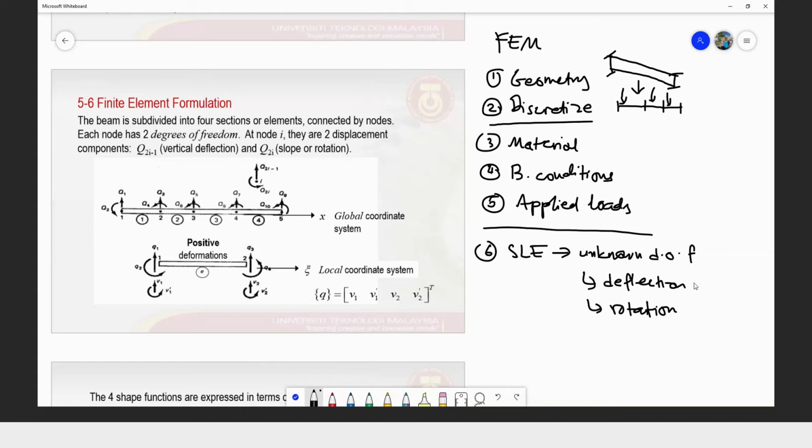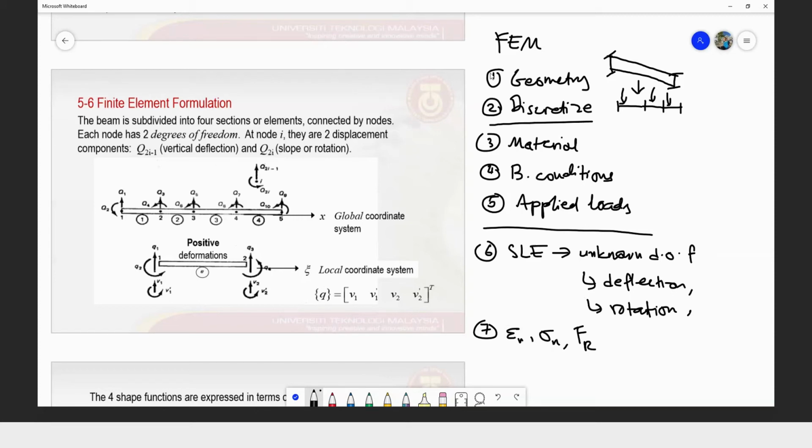Then from the known deflection and rotation, barulah kamu boleh solve for the normal strain, the normal stress as well, and then also for the reaction force. So pokok pangkal dia nak kena dapatkan deflection dengan rotation ni dulu, baru kita boleh solve yang lain-lain.